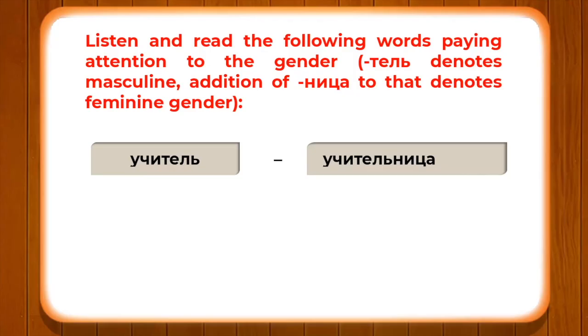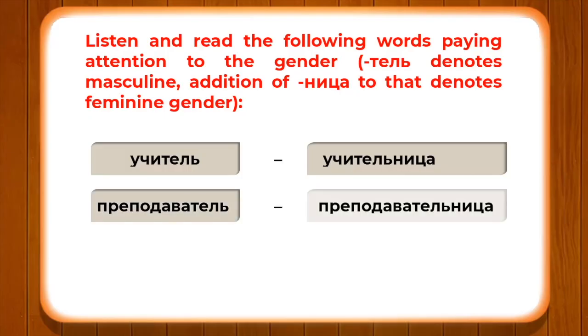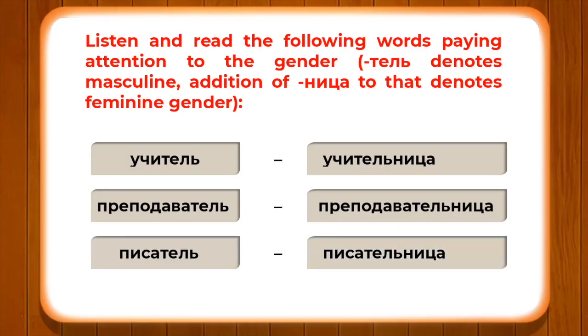Likewise, we have преподаватель, преподавательница. Писатель, which means author or writer. Then we add ница and it becomes писательница. Let's do it again: учитель, учительница, преподаватель, преподавательница, and писатель, писательница.